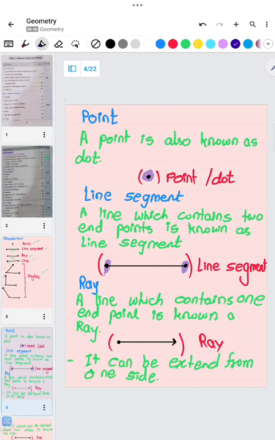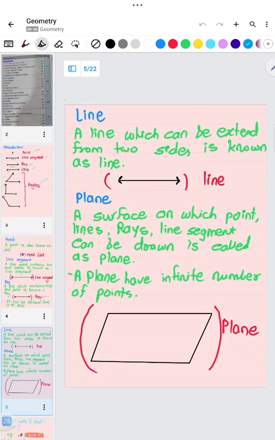Third, what is ray? A line which contains one endpoint is known as ray. It has one endpoint and it can be extended from one side. That one side is opposite to the endpoint. Fourth, what is line?